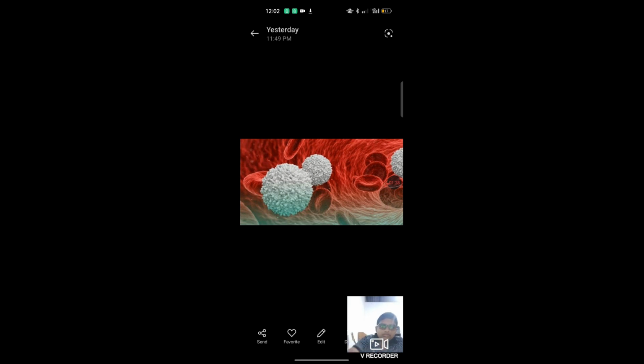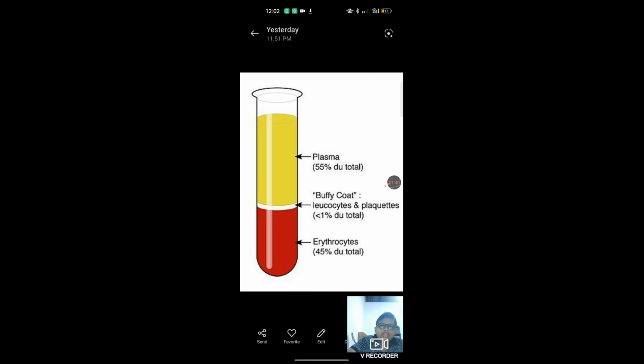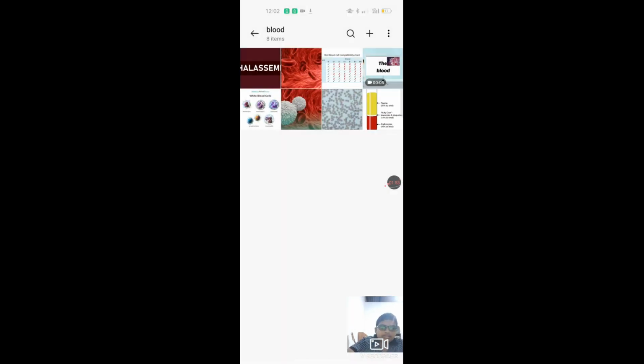Here you can see that 55% of the blood is filled with plasma and 45% is filled with red blood cells. So due to these erythrocytes or red blood cells, the blood is red color.